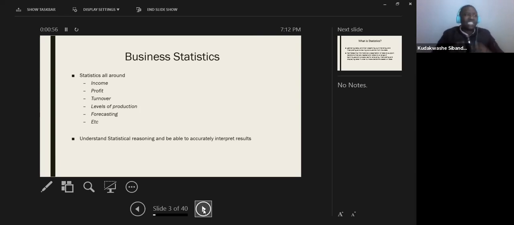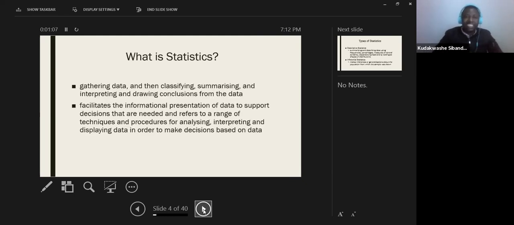So you must be in a position that you apply statistical reasoning and be able to accurately interpret results, because statistics is very vital when it comes to decision making in a company when you are about to make some decisions. So statistics will help you to make sound decisions, right?